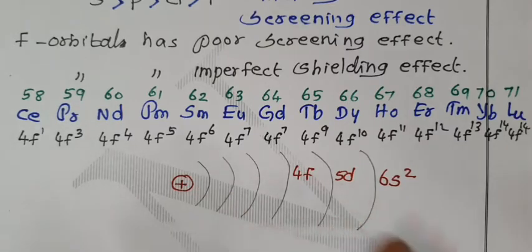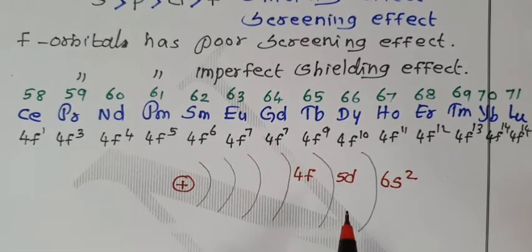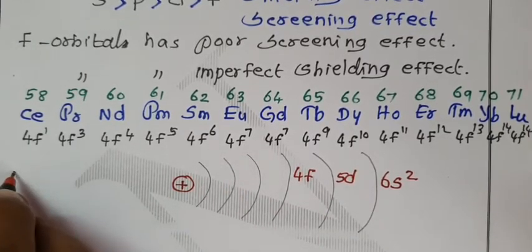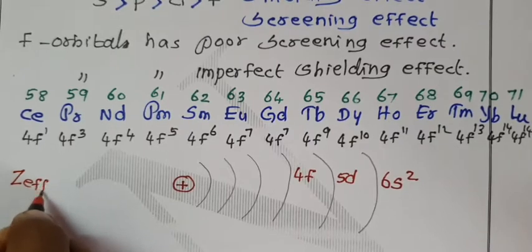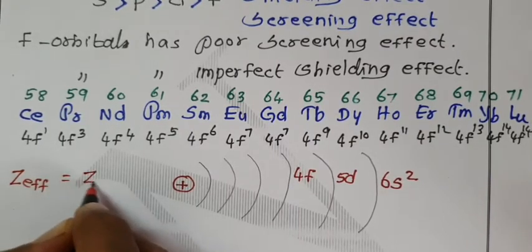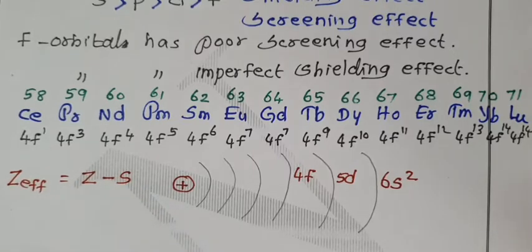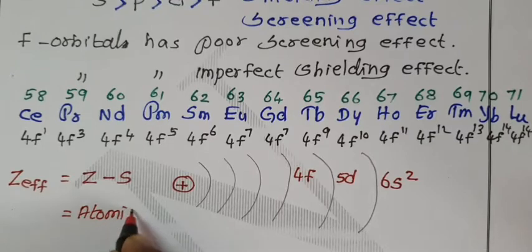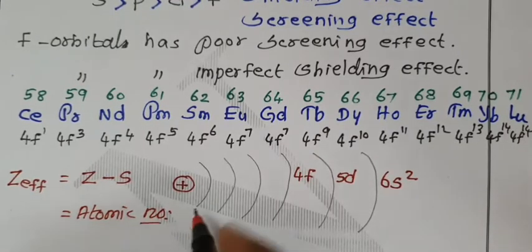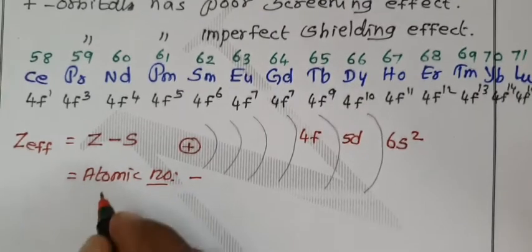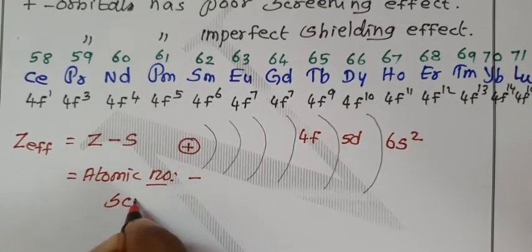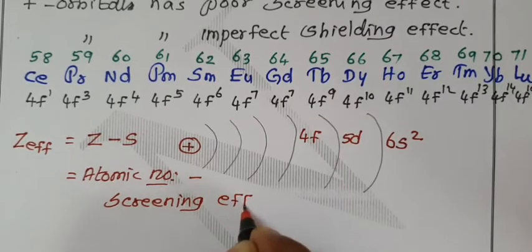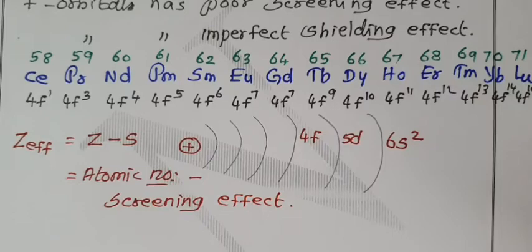As a result, the effective nuclear charge, you know what is meant by effective nuclear charge? Effective nuclear charge Z effective equals Z minus S. What is Z? Atomic number. What is S? Screening effect or shielding effect.